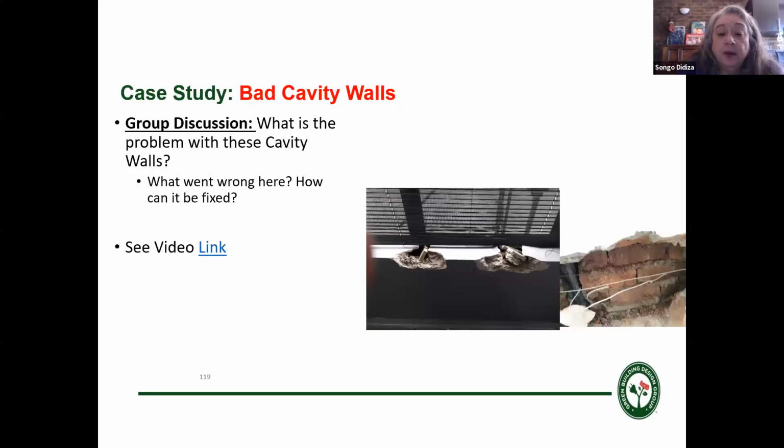Okay, we spoke about cavity walls, and as you can see, we've got bad cavity walls. I don't know if I'm going to be able to link.